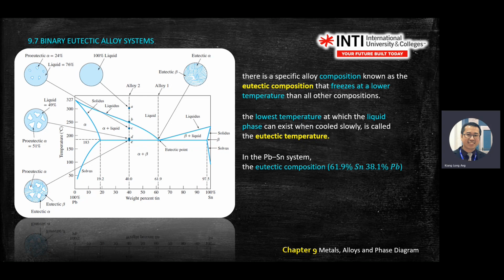This is the lowest temperature you can go when your liquid can still exist. After this one, cannot already. You see, this is the eutectic temperature. Okay. Why in this alloy 2, this dashed line, why is point B not eutectic? Because it's not the lowest temperature yet. This eutectic point is lower than point B.